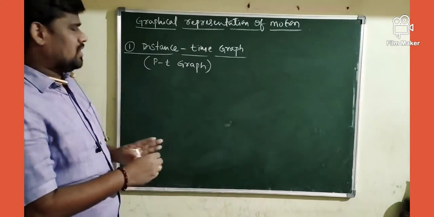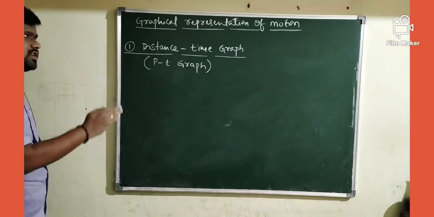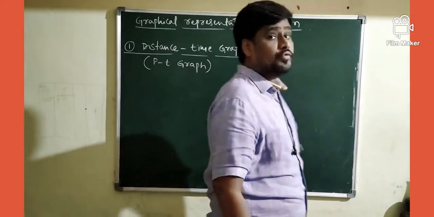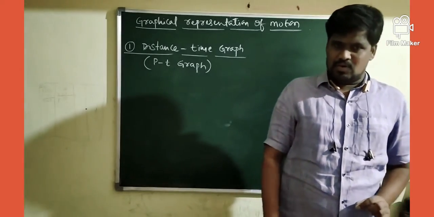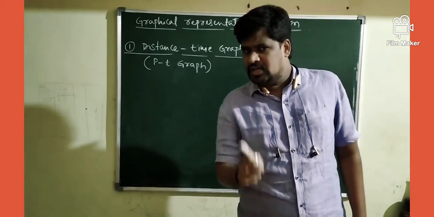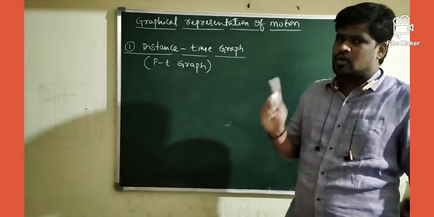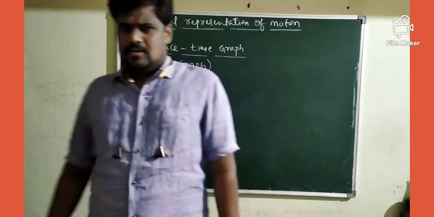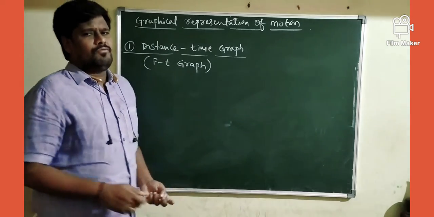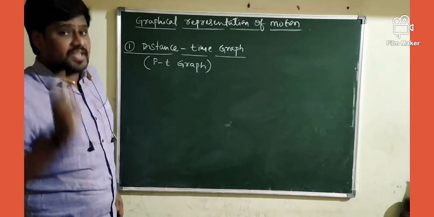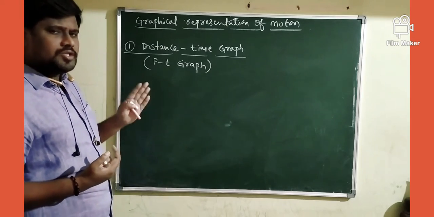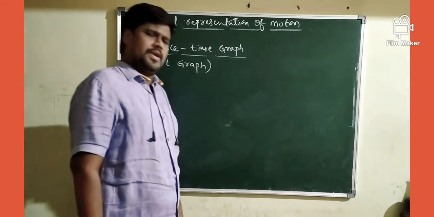So let me consider the nature of the distance time graph for a body which is moving with uniform speed. What is the first case? I am taking the distance time graph for a body moving with a uniform speed. My next question is, in what condition do you say that the body is moving with a uniform speed?